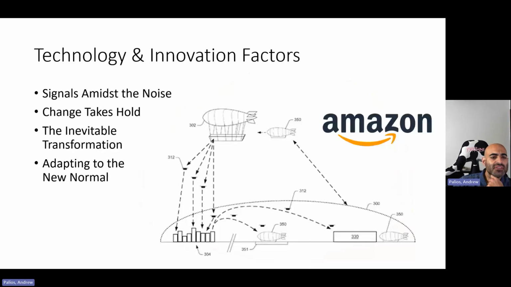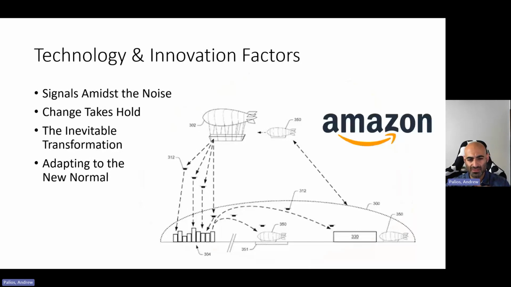So at this next section here, I'm going to stop here and we will pick back up here with technology and innovation factors when it comes to buyer purchasing decisions. But we're going to talk about the steps that basically innovations go through in the market before they become normalized and accepted in the market.